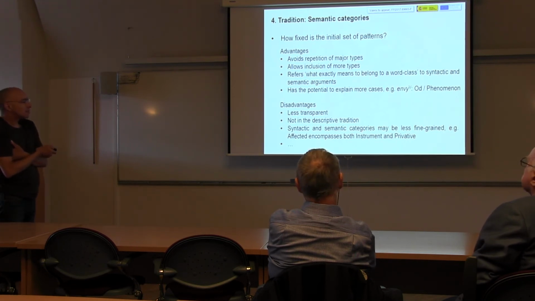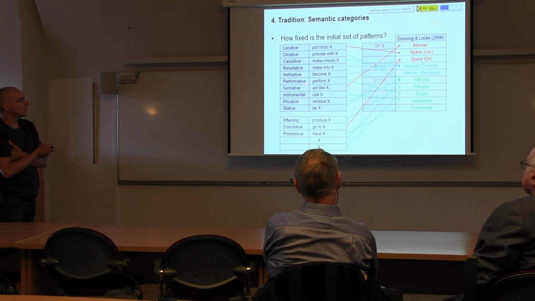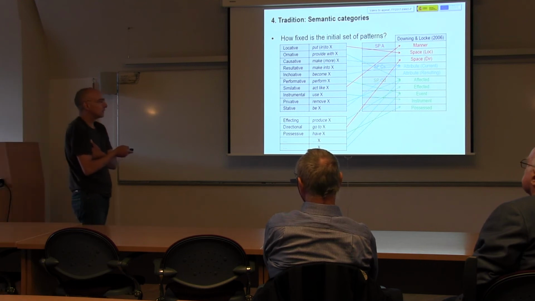And the categories that we may be using are less fine-grained in this proposal than here. This is more fine-grained because, for example, what occurs here as a direct object and is just affected, well, this affected semantic role is more coarse-grained than, for example, considering privative, performative or ornative. So it is less fine-grained.